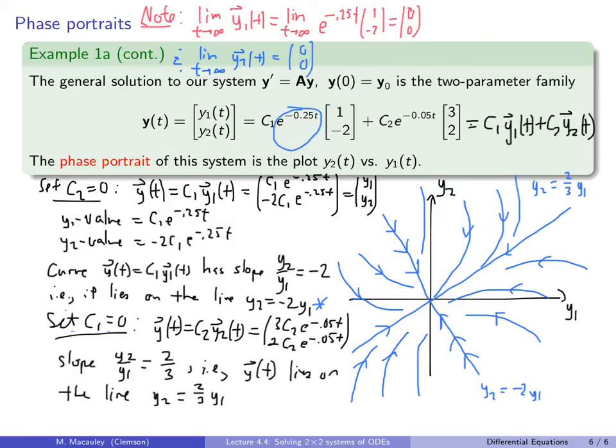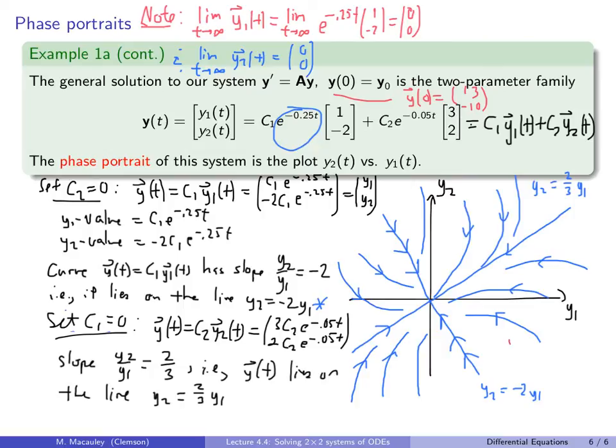So this is a way to picture what all of the solutions to this system look like. Remember we had the initial condition y of 0 equals, what was it, 13 and negative 10. So how do we sketch that solution? Well, we go to 13 and negative 10. That might be down here somewhere.